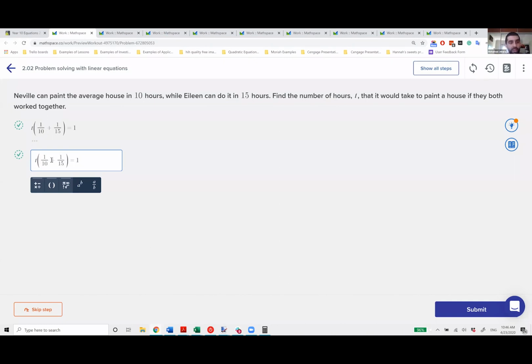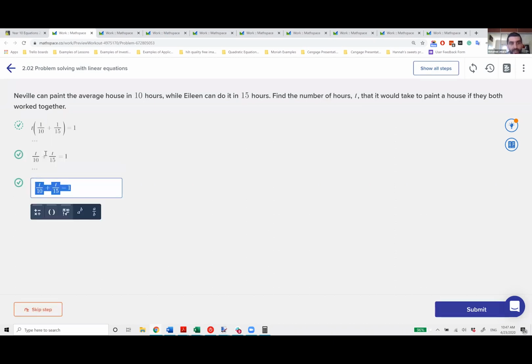And then the way to do it from here, you can multiply the T out both ways. So I'll write this as T on 10 plus T on 15 is equal to 1. And then it's just solving equations with fractions. We look for the lowest common multiple and multiply everything by it.